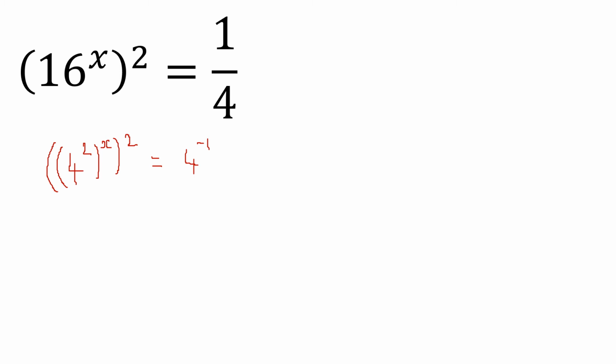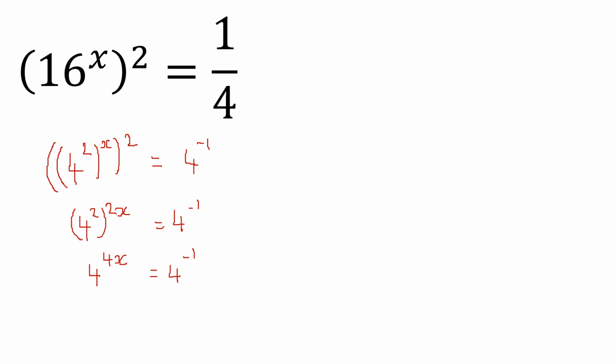So a negative number gets us our 1 over value. So here we need to use our power of powers rule. So we can rewrite this. If we do our outside first, you'd have 4 squared all to the power of 2x equal to 4 to the minus 1, and then the next step we can do it again, so we'd have 4 to the power of 4x is equal to 4 to the minus 1.